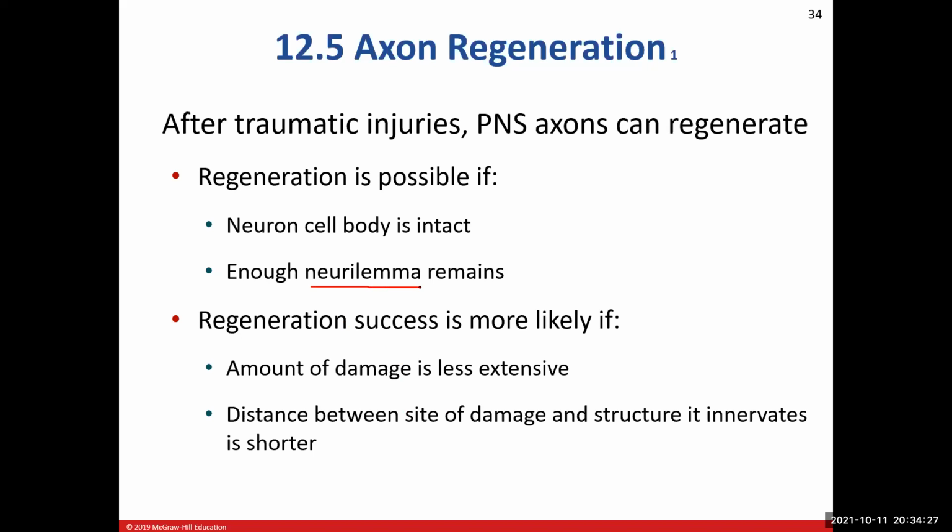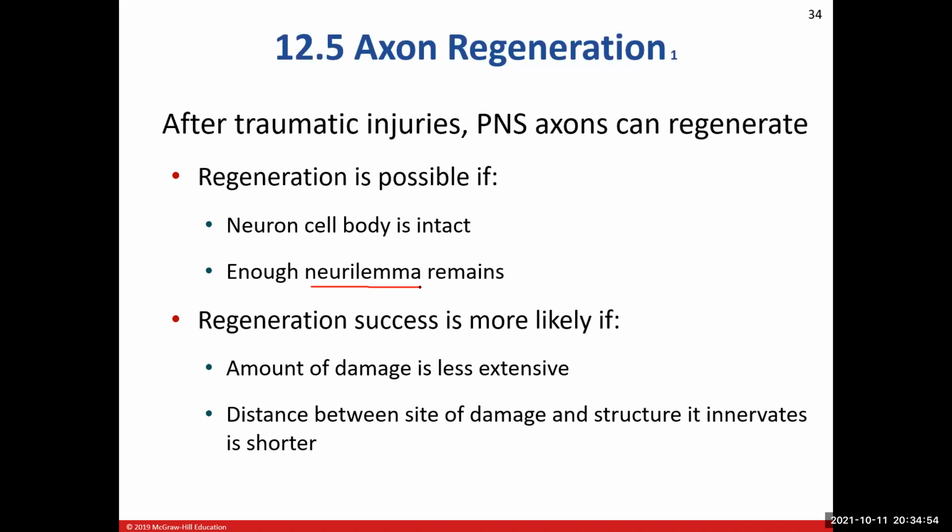Remember what the neurolemma was? That was that outer portion of the neurolemmocyte that included the cytoplasm, the plasma membrane, and the nucleus there. So what we need for regeneration to occur is that the cell body is intact, and that we have enough neurolemma that we can work with to help regenerate the axon.